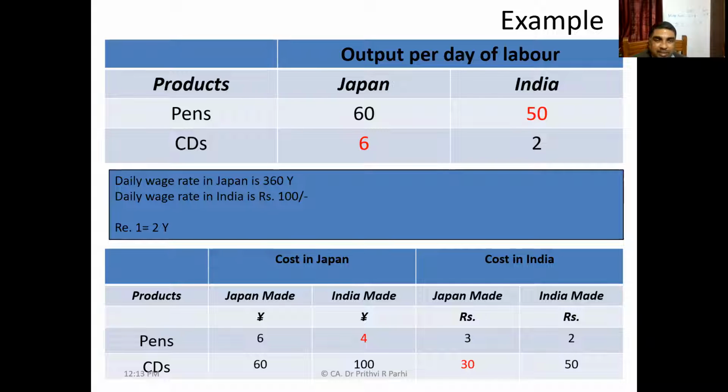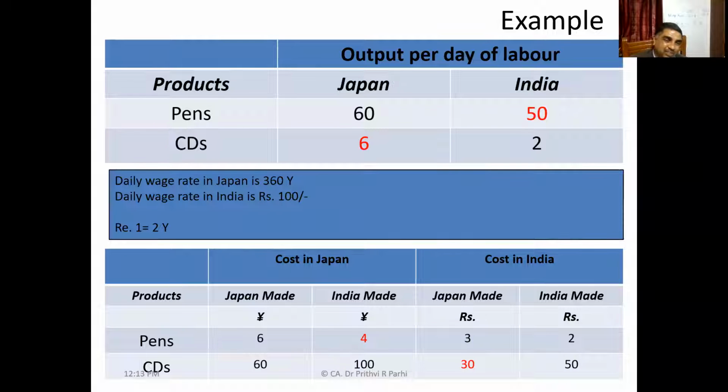And what is the wage rate in Japan? 360. So by paying 360 yen, you'll be producing 60 pens. For 1 day of labor, you'll be paying 360 yen and producing 60 pens. Then what is the cost per pen?